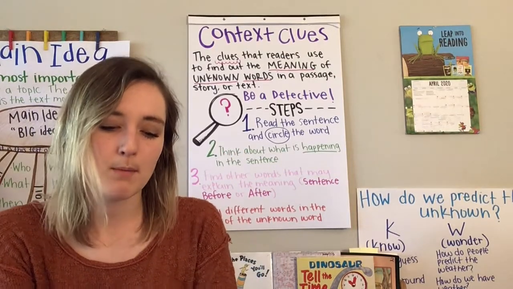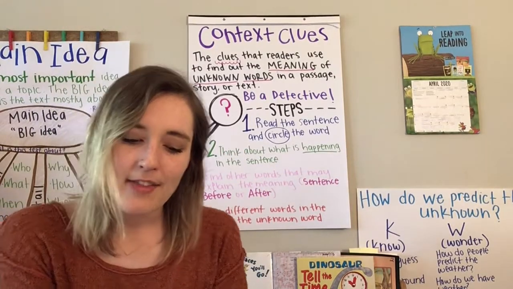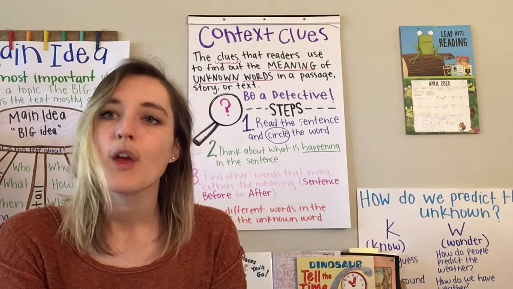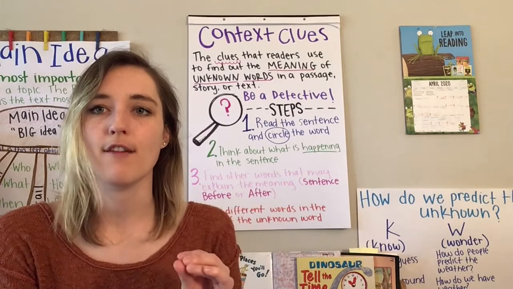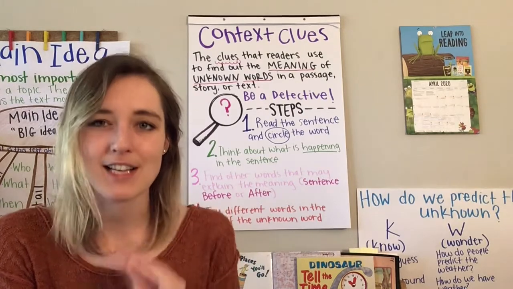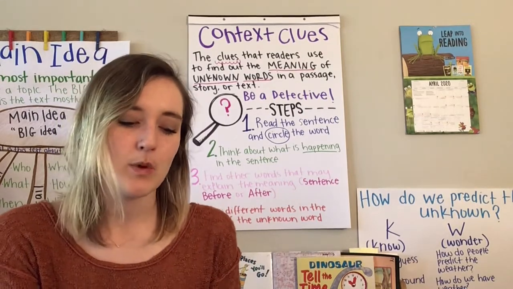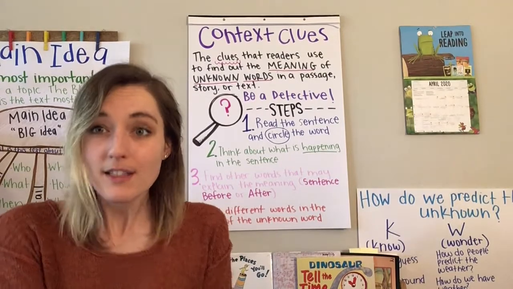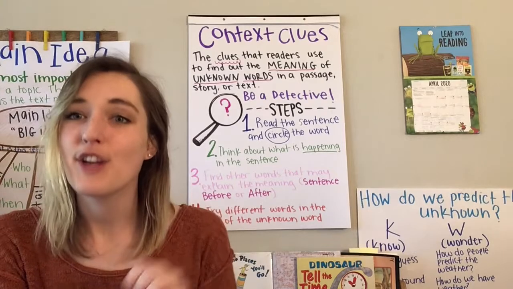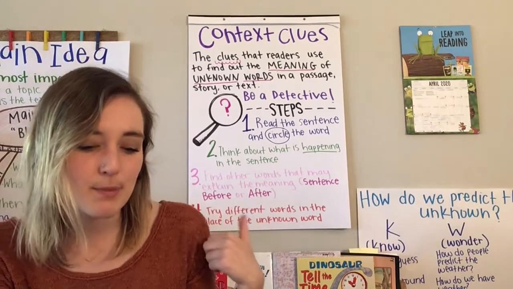So they measure air temperature. They have a comma, and then they have the words which is. When you use the word which is, this is really important context clue stuff because it's telling you exactly what that word means. It says which is how hot or cold a place is. So for context clues, I'm already there. I already know what it is. I don't really have to look at the sentence before or after.